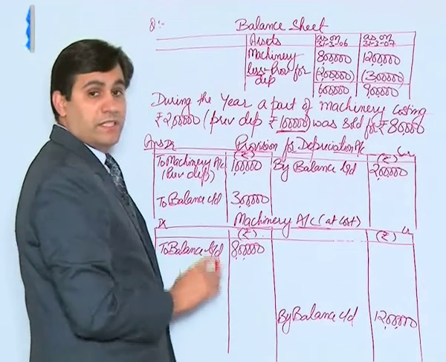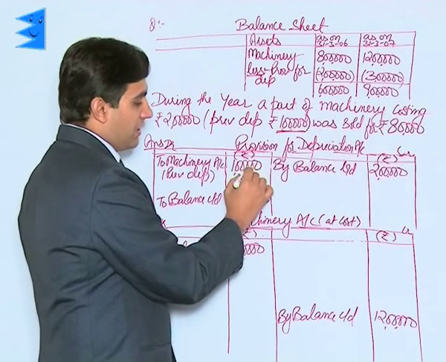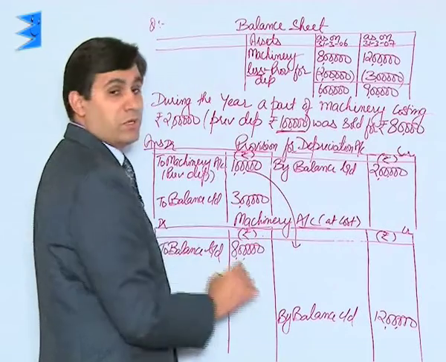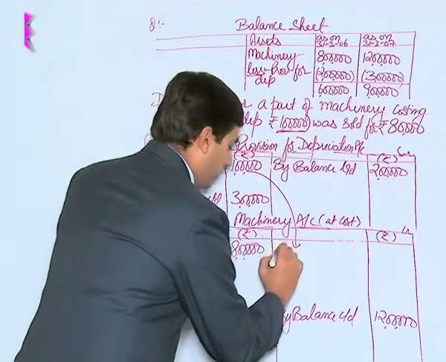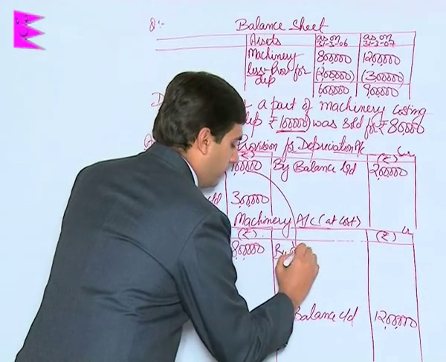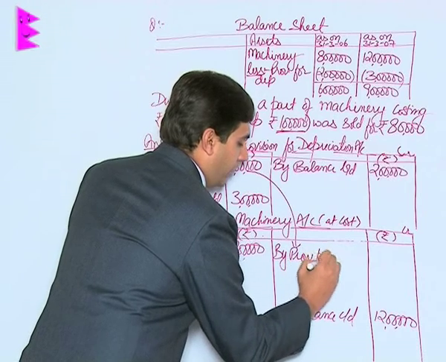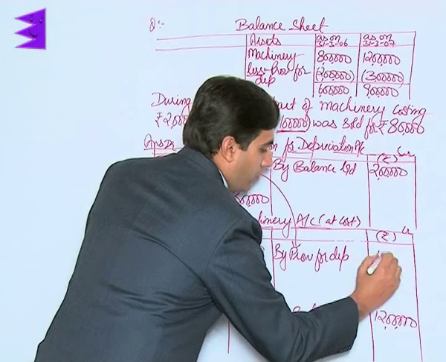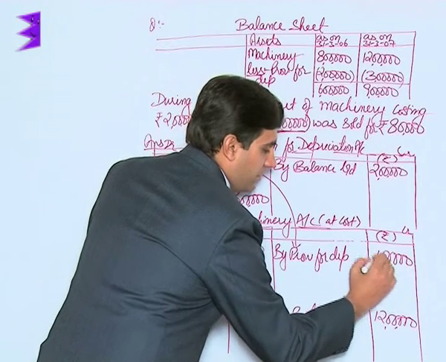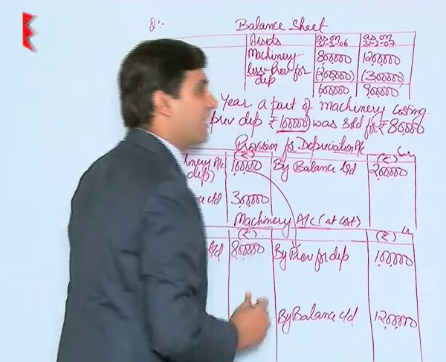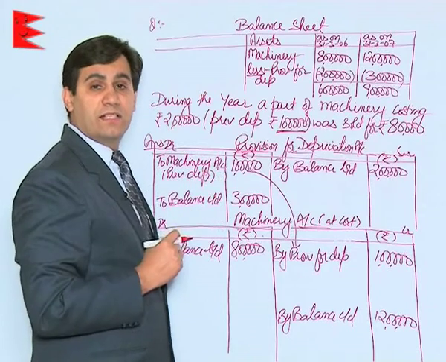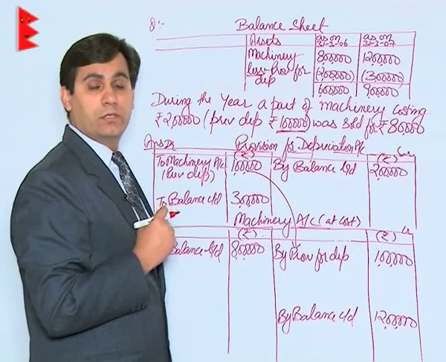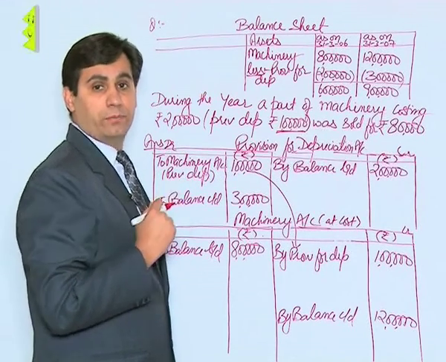Now remember, this amount of 1 lakh is transferred from this account to machinery account. So it will be written here as by provision for depreciation 1 lakh. This amount represents the depreciation that has been written off on the asset which has been sold during the particular accounting period.